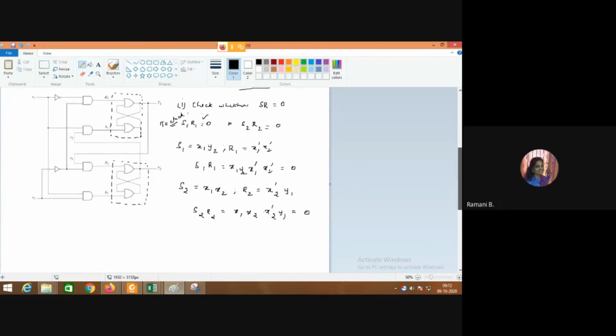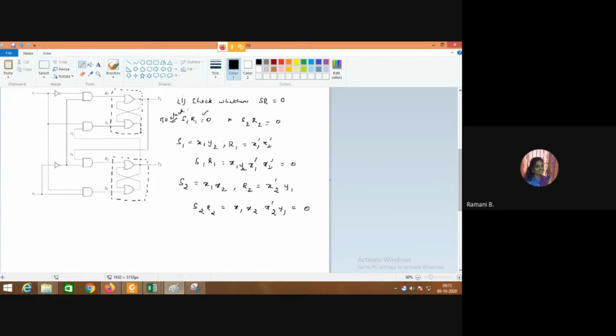So we can use the excitation variable function. The general function that you could use is Y = S + R̄y.